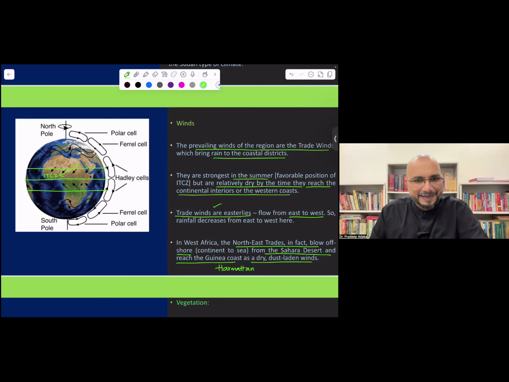You remember? They're also called as doctor. Do you remember now? Harmattan. So because they bring relief to the people from the hot weather, they are called as doctor winds or harmattan.